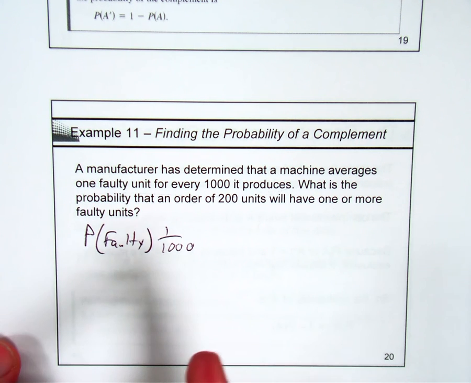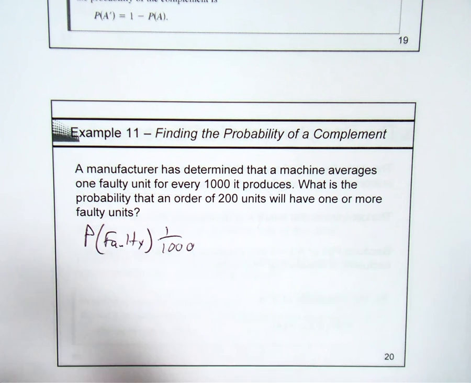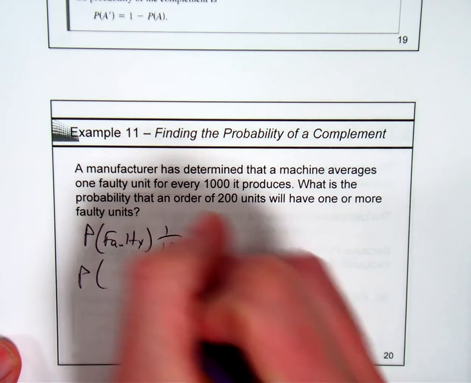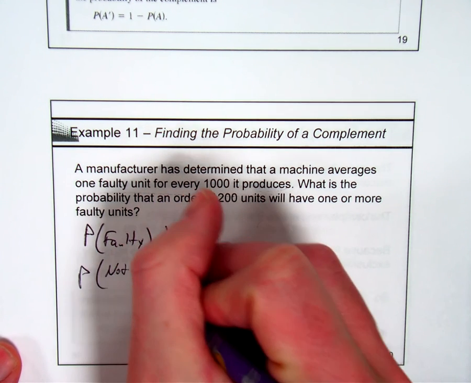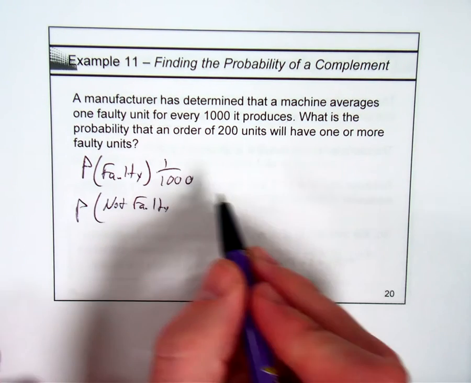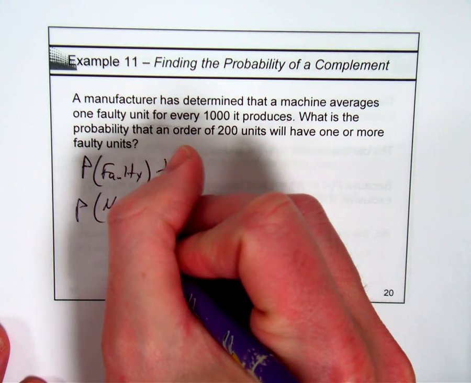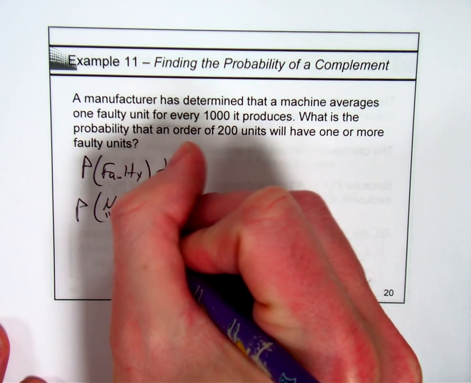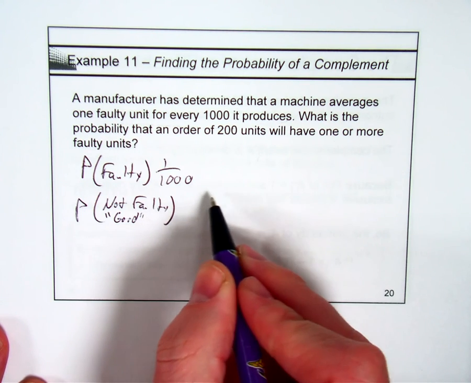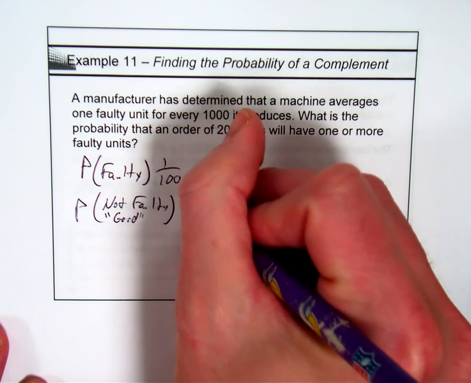So let's go with the complement then of not being faulty, or being a good part that they're making, would be 1 minus that. So 1 minus that is going to be 999 out of 1,000 are good.